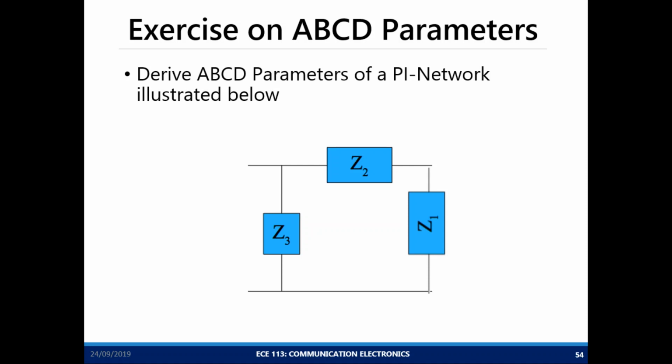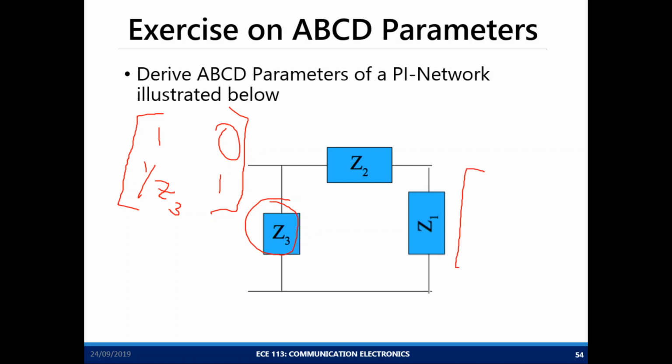The answer is, for this, you need to define an ABCD parameter first. So the ABCD parameters is equal to 1. The admittance of this is 1 over Z3. Okay? Then this one is 0 and this one is 1. So this is the ABCD parameters of this. The parameters of Z1 is 1, 1, 1 over Z1 right here, and 0.